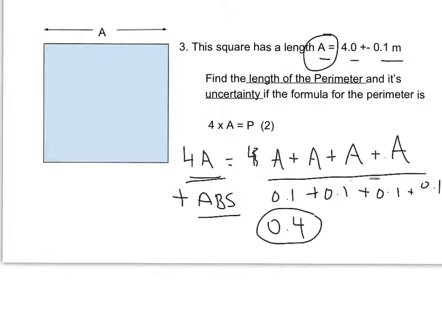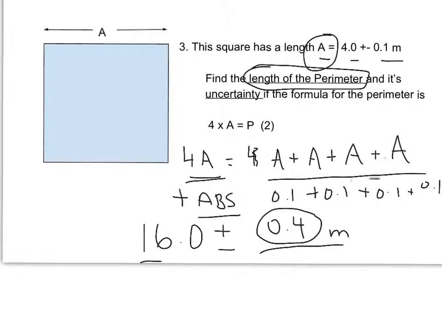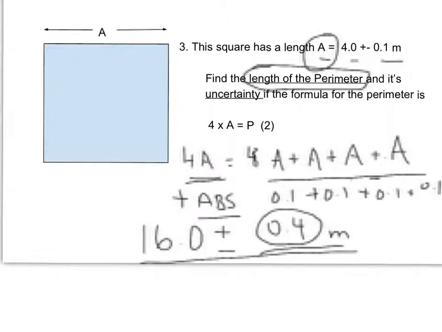That's right. Okay, so that 0.4 meters is your uncertainty. And of course, the value, because we want the length of the perimeter, is 16.0. So the final answer is 16.0 plus or minus 0.4.